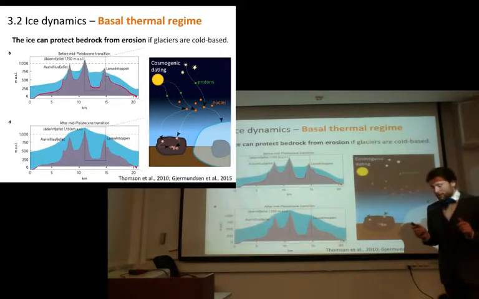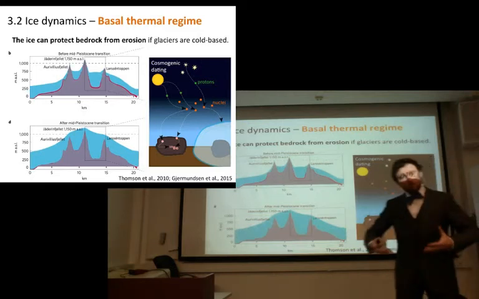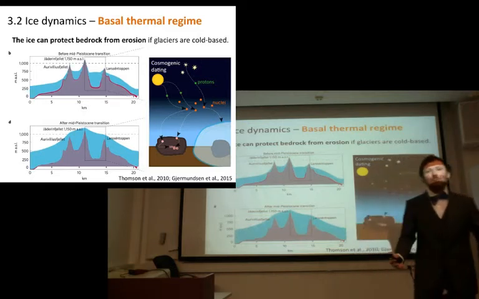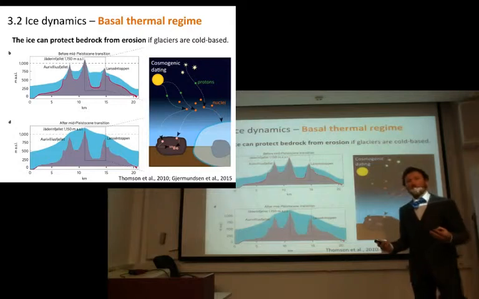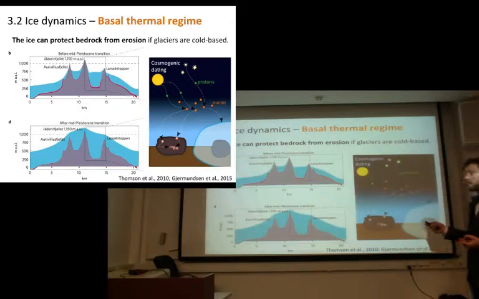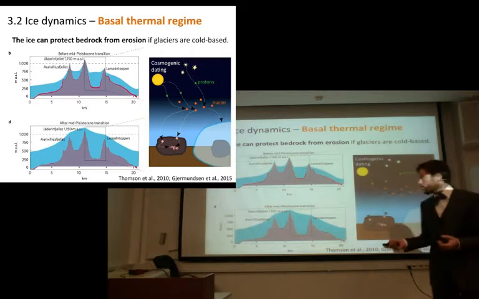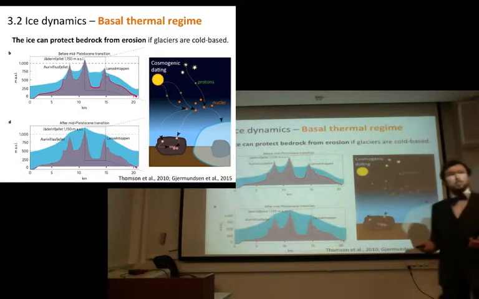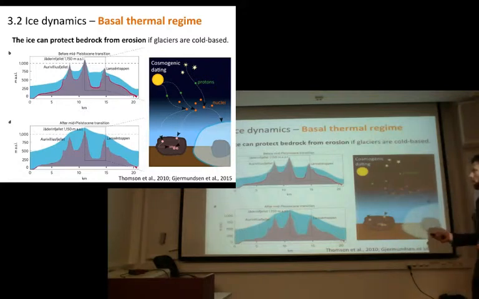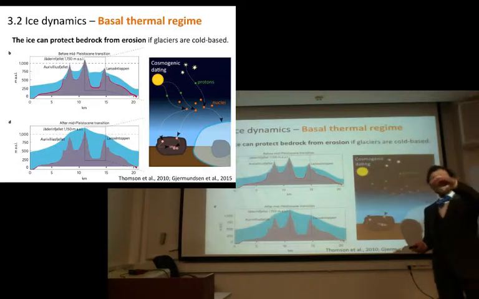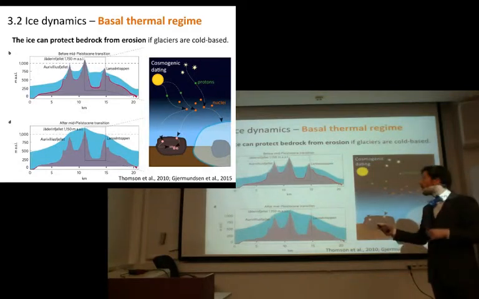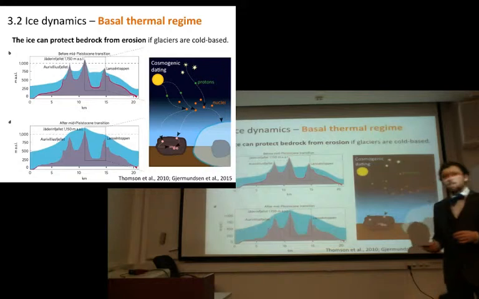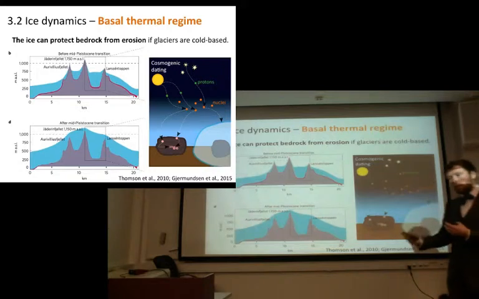Something you might not expect, as I mentioned, is that glaciers erode a lot. They're really major. But sometimes ice can actually protect the bedrock from erosion. This is a study from Andre, who was studying at Finis. They went to Svalbard and went to all the peaks here, and they looked at some cosmogenic nuclides.